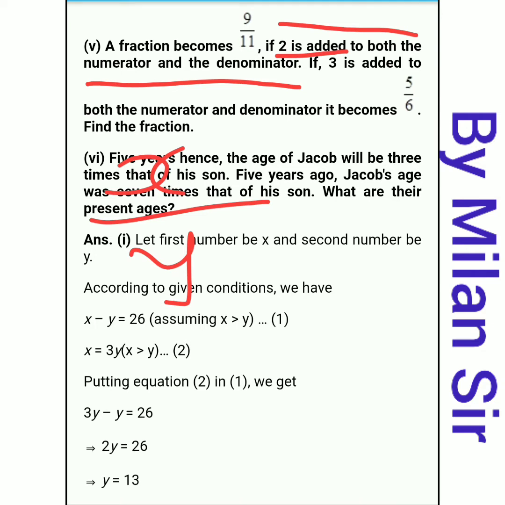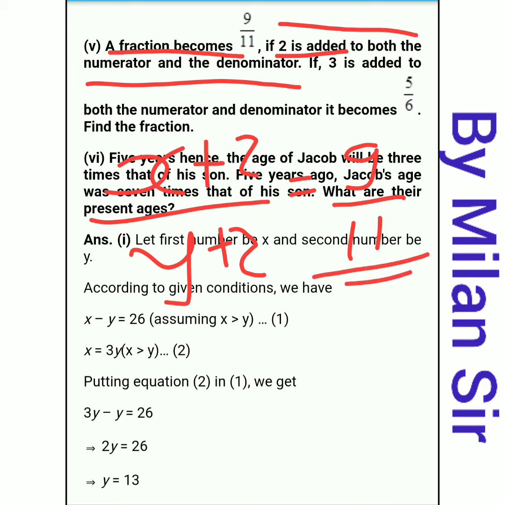So x plus 2 in the numerator and y plus 2 in the denominator, and the fraction becomes 9 upon 11.